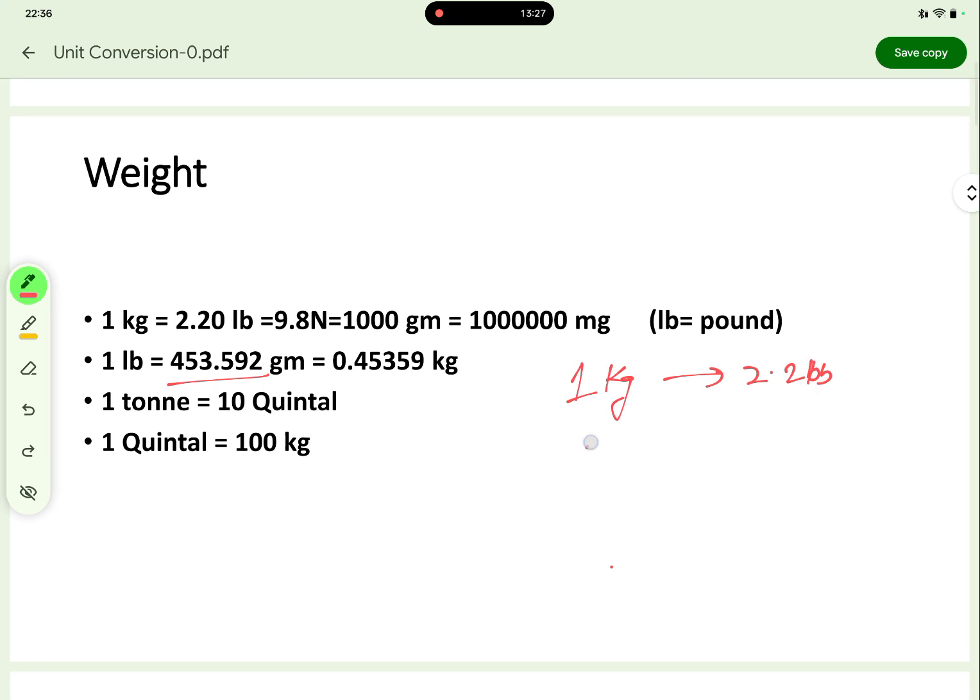So if you convert 1 pound equal to how many kg, simply 1 divided by 2.2, so you will get 0.453 kg. So yeah, this is the thing. And you all know that milligram is nothing but 10 to the power minus 6, right? 10 to the power 6. Yeah, let's talk about the next slide.